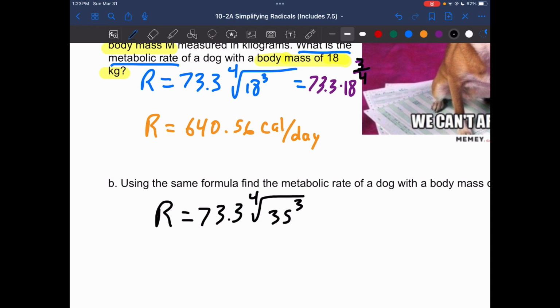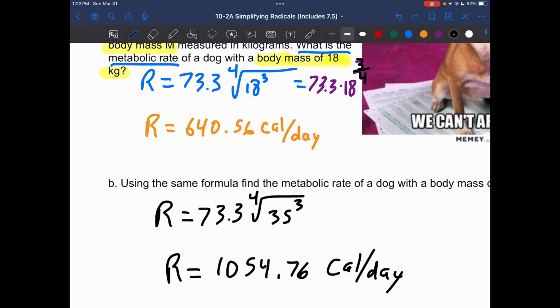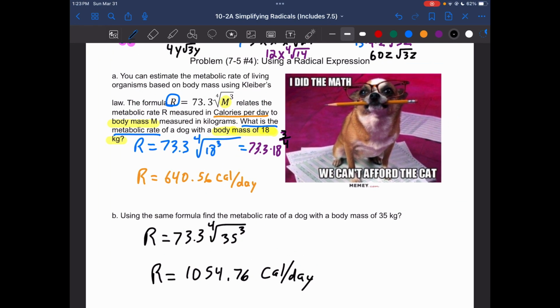And when you go ahead and do that math on your calculator, you are going to get 1054.76 calories per day. All right. So this one, there's no real logic. We're not going to be doing these by hand. We are going to just be typing these in and using our technology that we have available for us.